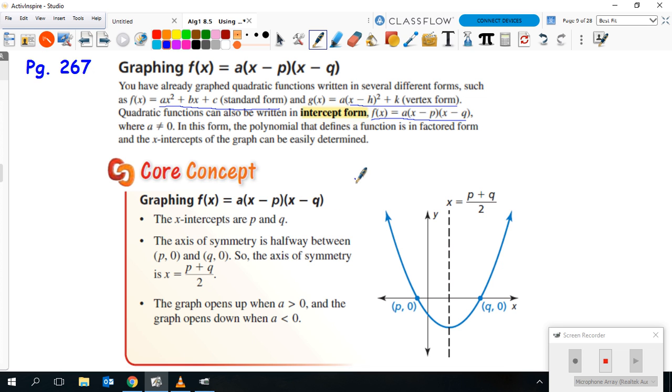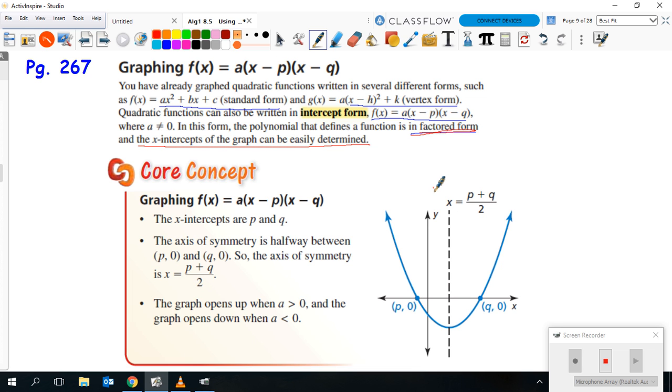What you could write is that the intercept form is in this form, the polynomial defines a function in factored form. Intercept form is in factored form, and the x-intercepts of the graph can be easily determined. So that's what we can see from the intercept form.